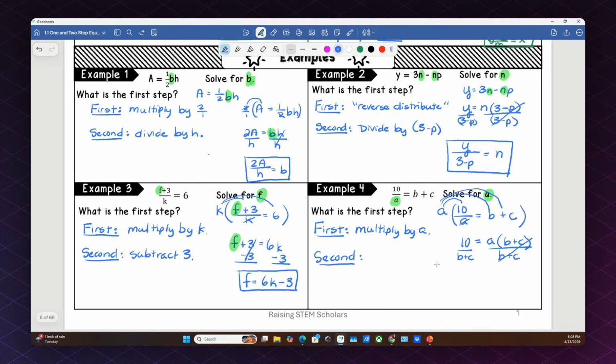Okay, so we are going to divide by b plus c. Okay, so we get 10 divided by b plus c equals a.